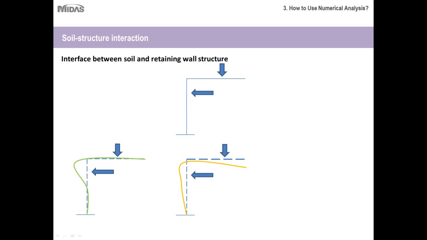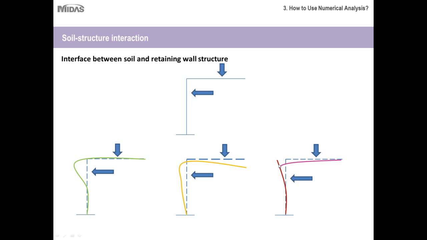But what happens in a real scenario? It's not this, it's not the second option, it is the third option. Whatever the surcharge or the driving force, the wall would deform something like this and the soil layer would not follow the topmost level of the wall.